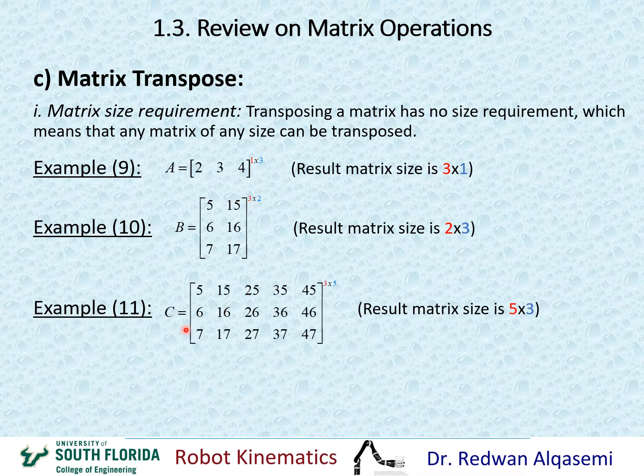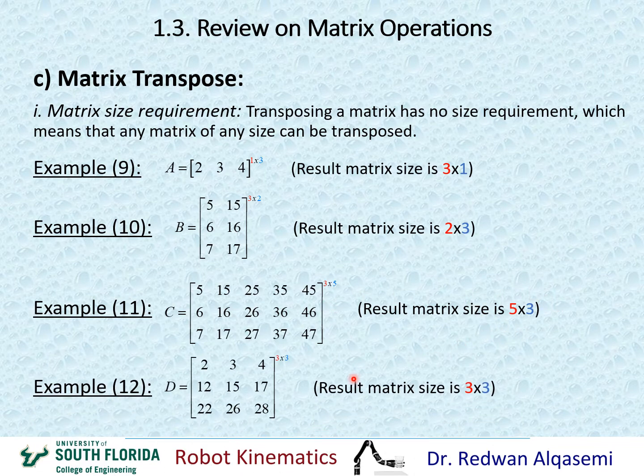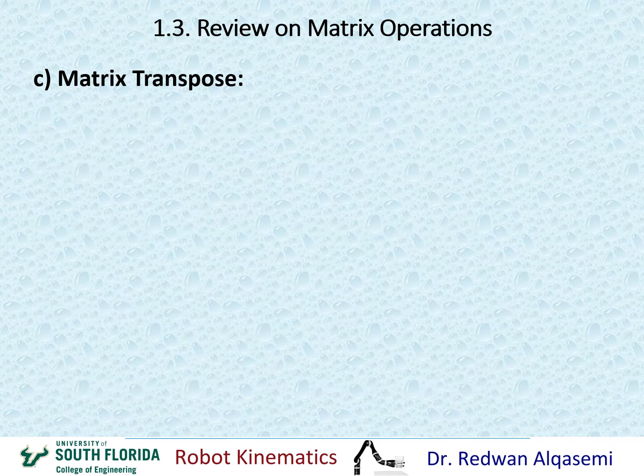Example number 11, if C is a 3 by 5 matrix, the transpose would be a 5 by 3 matrix. Example number 12, for D matrix, if the matrix is a 3 by 3 matrix, it can be transposed to a 3 by 3 matrix as well.